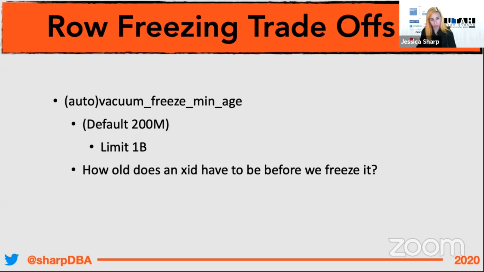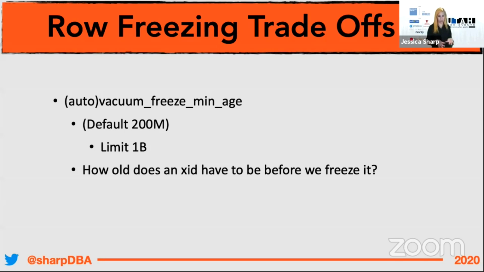The default is 2 million. For most, that's fine. I included the note that the limit here is 1 billion. Do not start at 1 billion and go backwards. Just don't do it. You're trying to predict where you are.